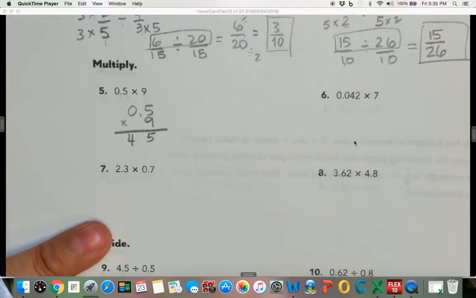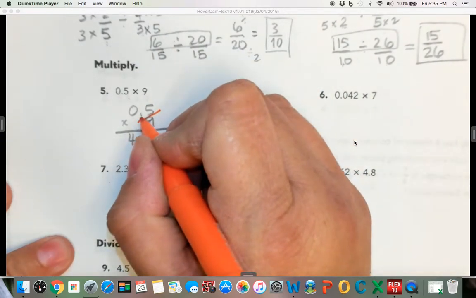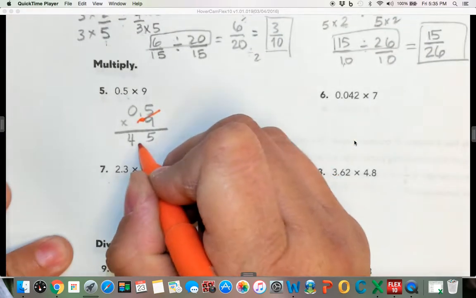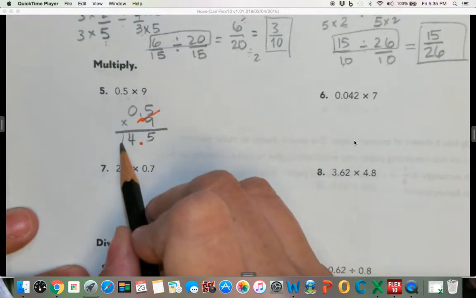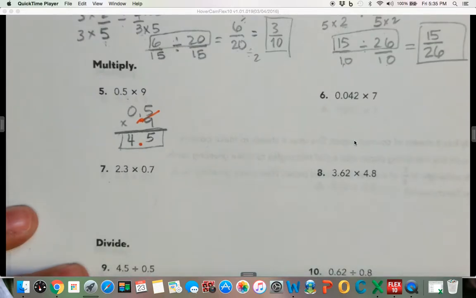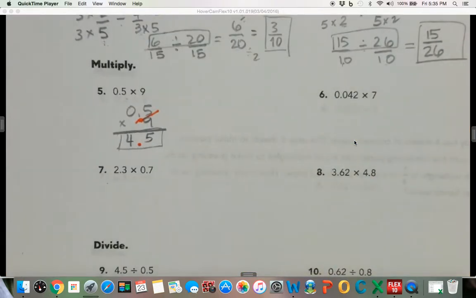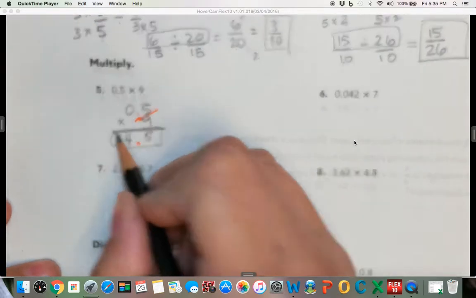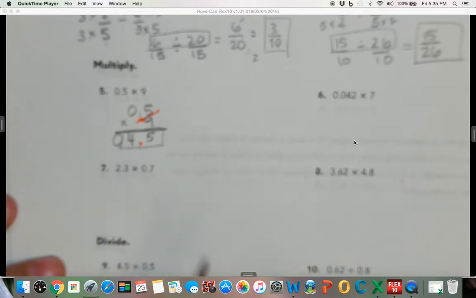And then, because I go in one decimal place here, I go in one decimal place here. And my answer is 4.5. I don't have to do the 9 times 0, but I can. It would look like this. And my answer is still the same because I still only go in one decimal place.